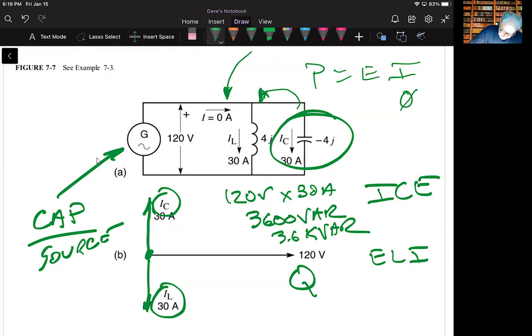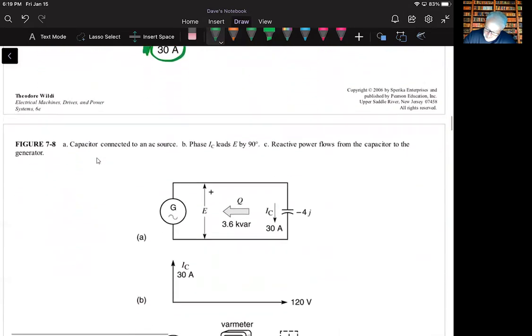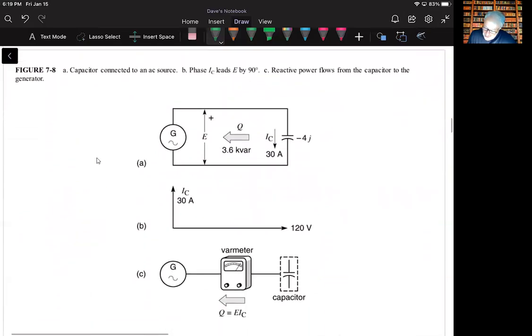Okay, so we take it a little bit further now. We had this situation here, and now we take the inductor out of the circuit, and this gives us figure 7.8a. The capacitor is now alone, connected to the terminals of this AC generator.